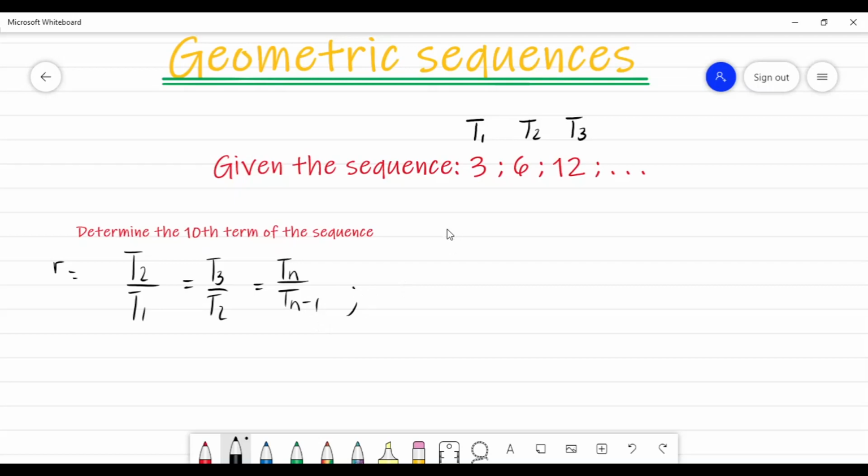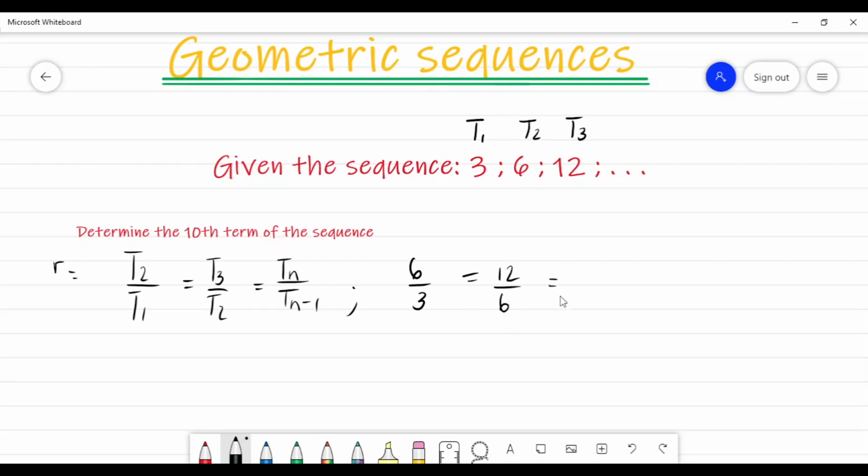What is our T2? Our T2 is equal to 6. So we have 6 over our T1, which is 3. And that should be equal to T3, which is 12, over your T2, which is 6.